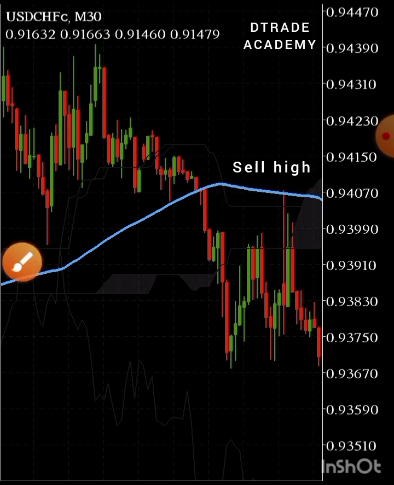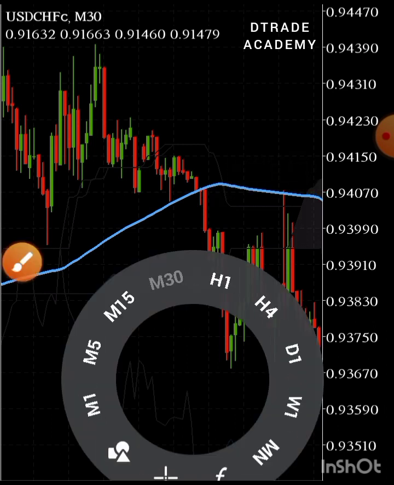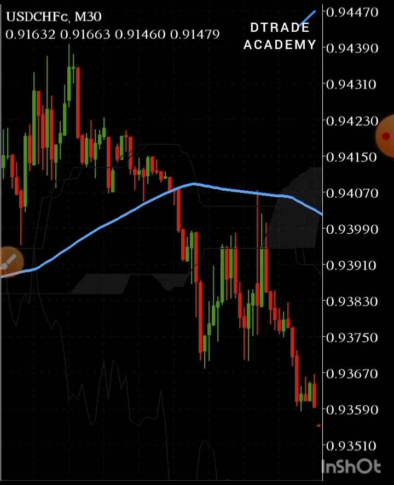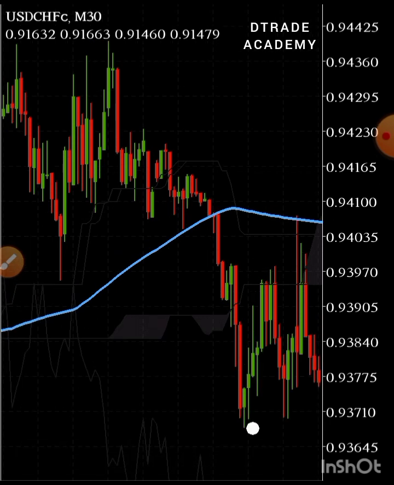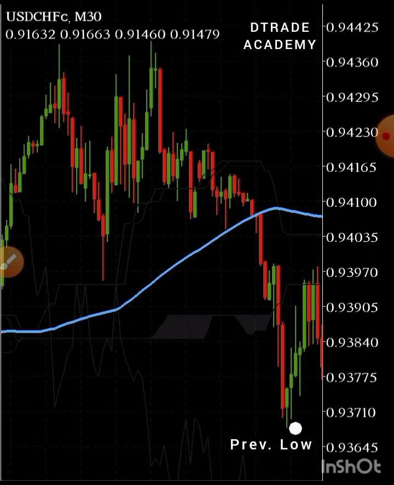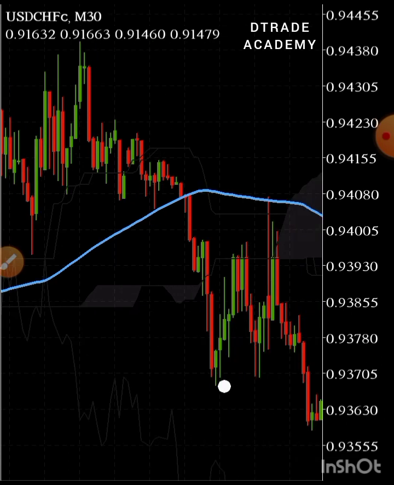So what do we do using demand and supply? We have to mark our break of structure downward. So here is our previous low. When we are marking demand, we mark our break of structure high. For supply, it's going to be break of structure low.